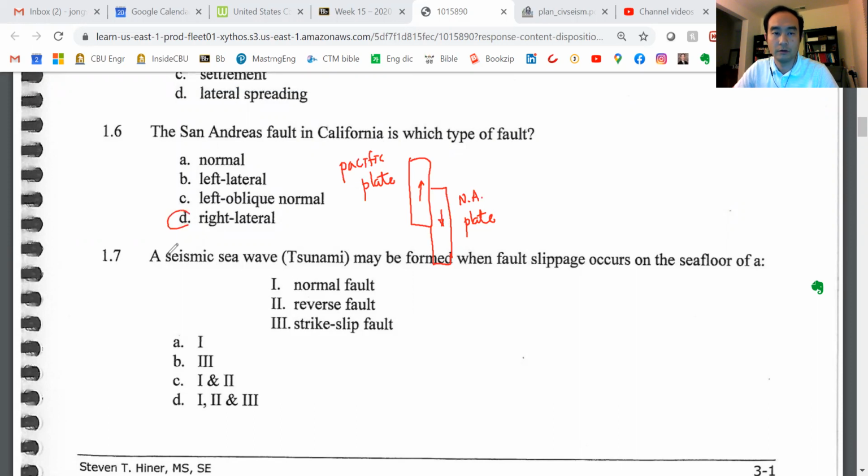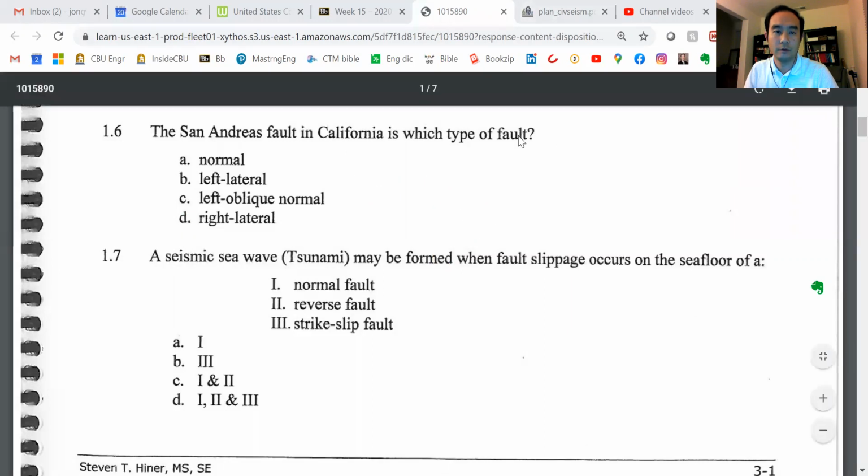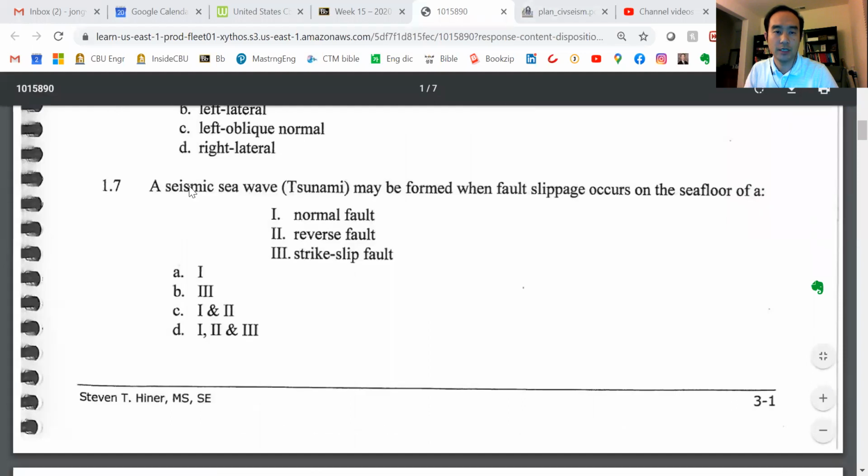Okay, so the answer is going to be D, right lateral fault.